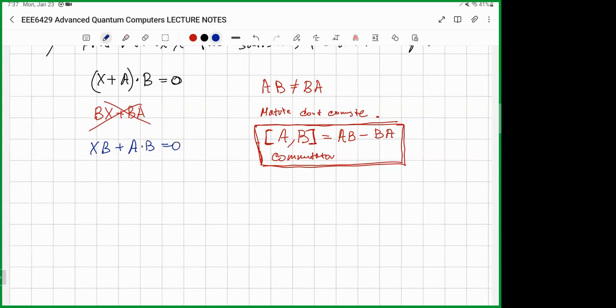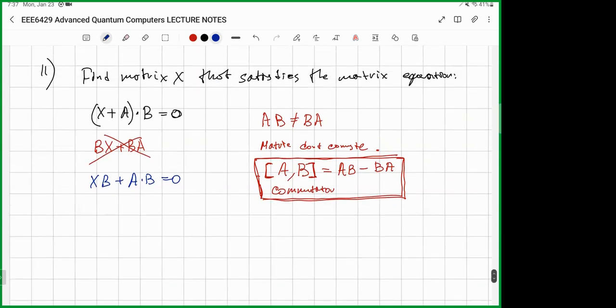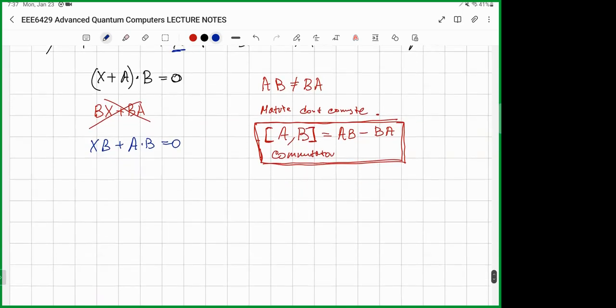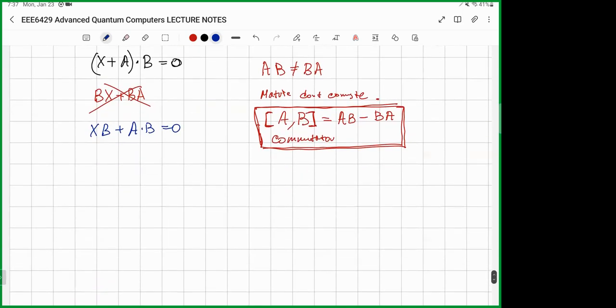So now our problem is to express matrix X. So we transfer this A times B to the right side. We get XB equals minus A times B.